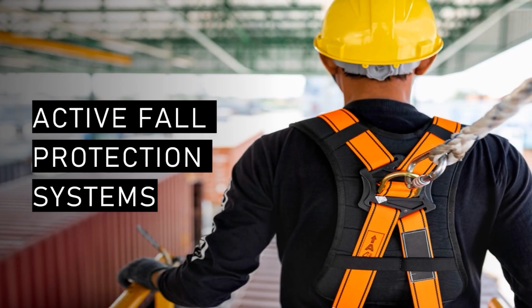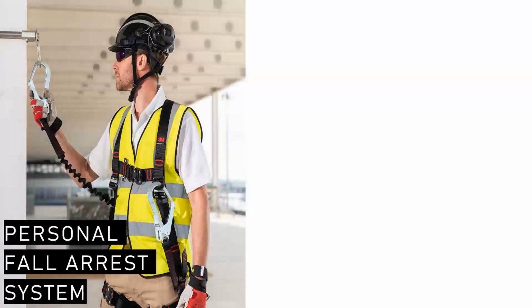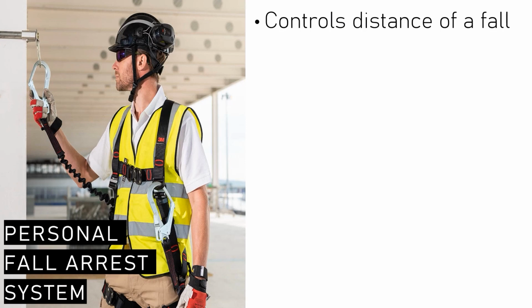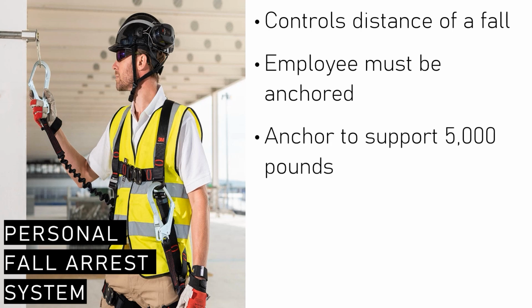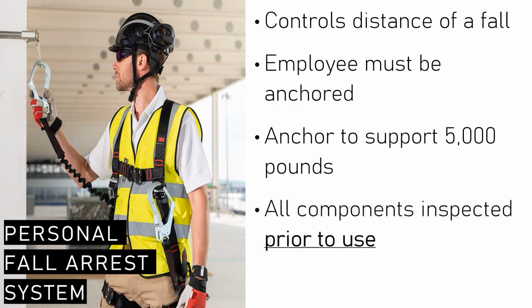A personal fall arrest system controls the distance the employee falls. The employee is wearing a fall protection harness attached to a shock-absorbing lanyard with 2 locking snap hooks. The employee must be anchored and the anchorage point must support 5,000 pounds. All components of the personal fall arrest system must be inspected prior to each use.